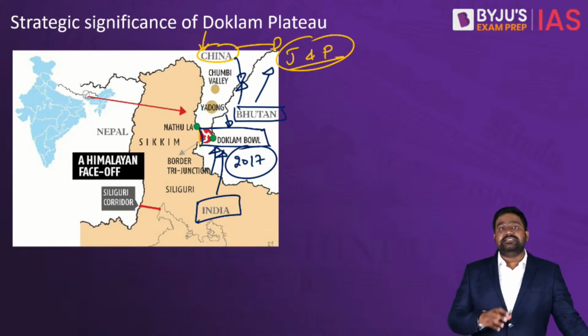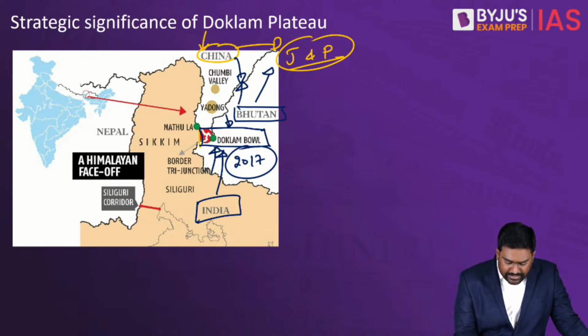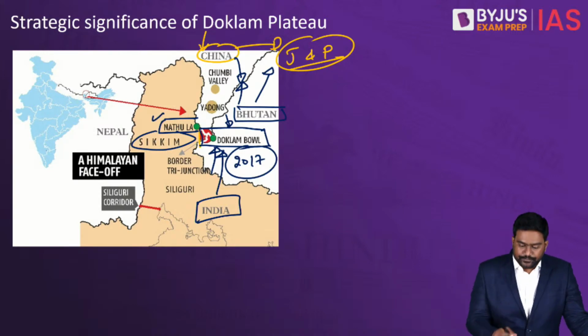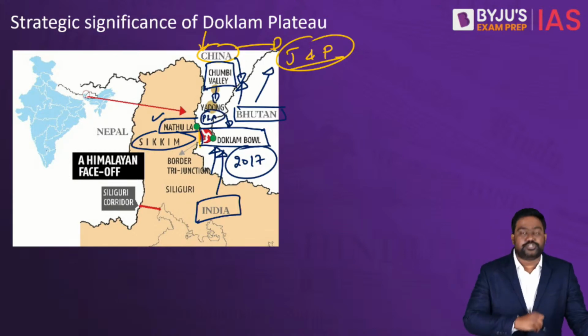India has always been concerned about Doklam because even though it's Bhutanese territory, it's of critical importance for India. Just look at the map. It's right next to the strategic Nathula Pass in Sikkim, which is a major military point between India and China. It overlooks the Chumbi Valley of China, the strategic Chumbi Valley, where the PLA has an advantageous position.